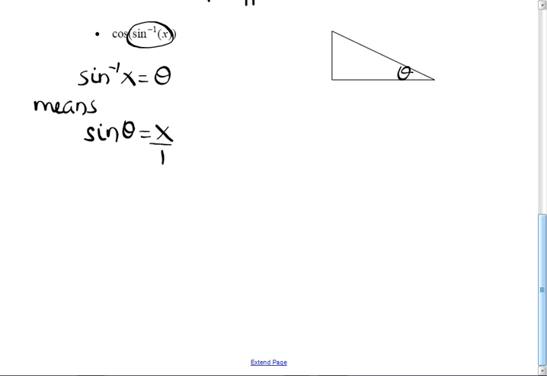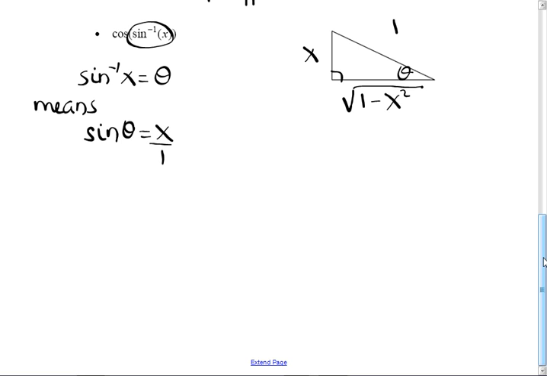Where do you put the x? It doesn't matter. I just always put it there. So this is x, and what's this side then? 1 minus x squared.